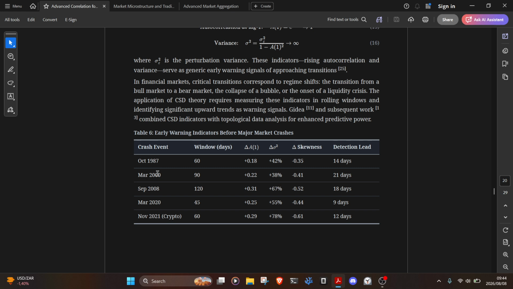March 2000, window length of about 90 days, delta of A of 1 of plus 0.22, a delta of sigma squared of plus 38%, delta of skewness of negative 0.41, and a detection lead of about 21 days. September 2008, a window size of about 120, delta of A of 1 of plus 0.03, delta of sigma squared of plus 67%, delta of skewness of negative 0.52, and a detection lead of 18 days.